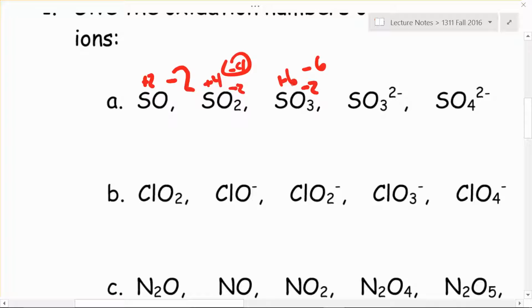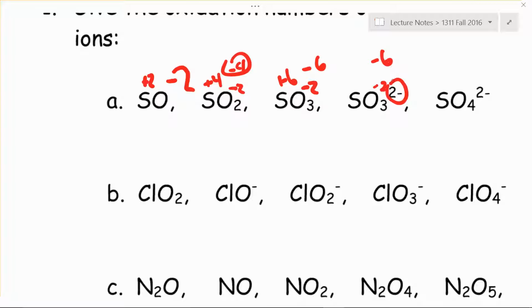Okay? -2, -6. So this sulfur has what oxidation state? +6. -2, -6. But look at this. It's 2 minus, right? So that means I have -6 minus 2 that I have to balance. So I only have to balance -4 charges, right? Because I have 2 left over.